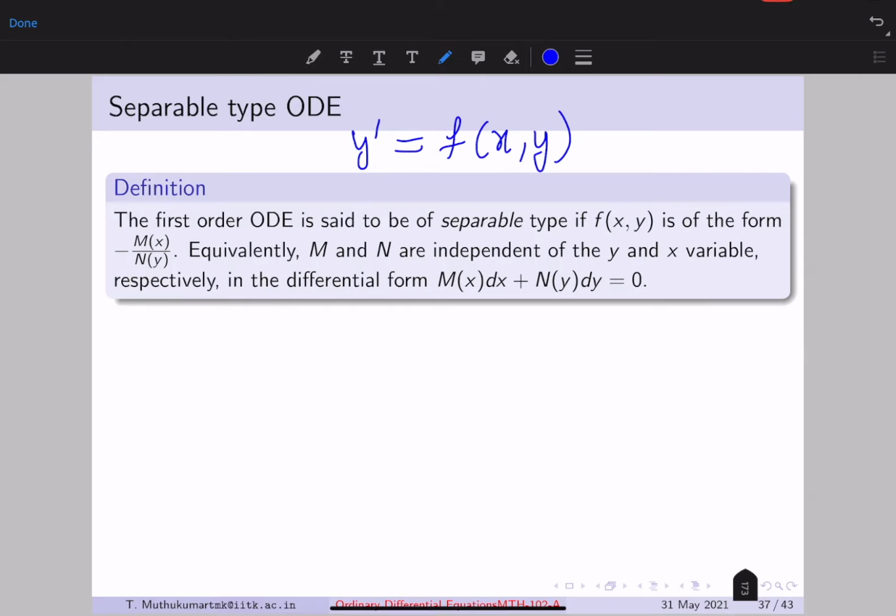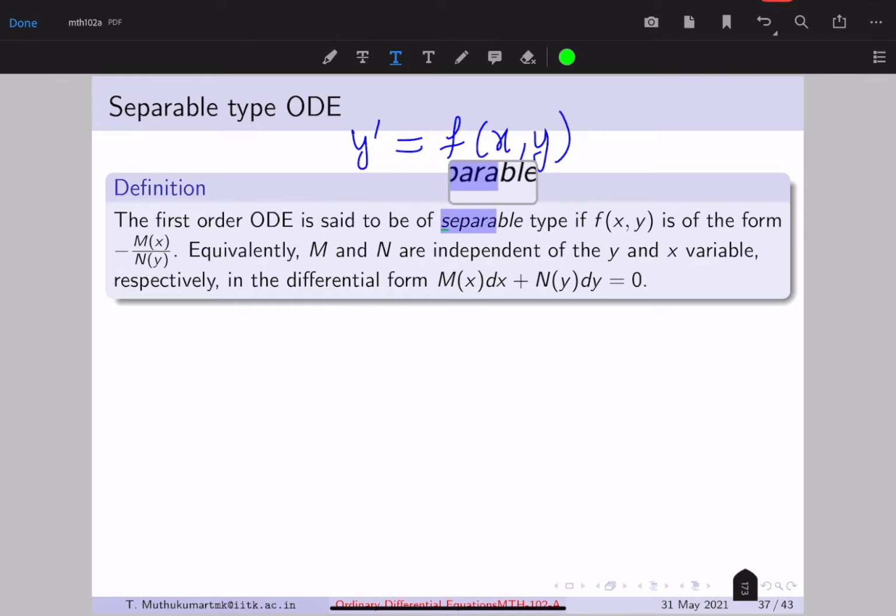So we say a first order ODE is of separable type if f(x,y) is of the form m(x) over n(y).